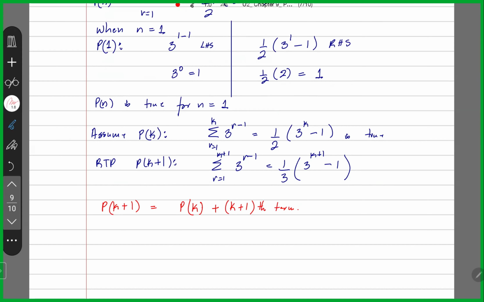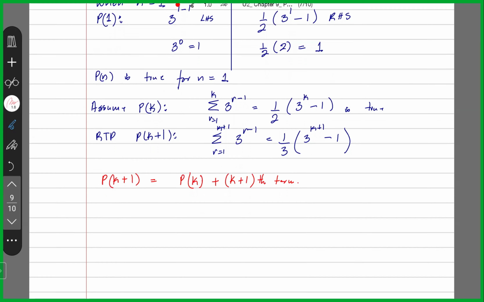Pk is summing the series up to k, and Pk plus 1 is summing the series up to k plus 1. So it's equal to Pk, which is the sum of the series from r equals 1 to k, plus the k plus 1 term. Earlier we assumed this statement to be true, so Pk is 1/2 times 3 to the k minus 1, plus the k plus 1 term, which is 3 to the k plus 1 minus 1.